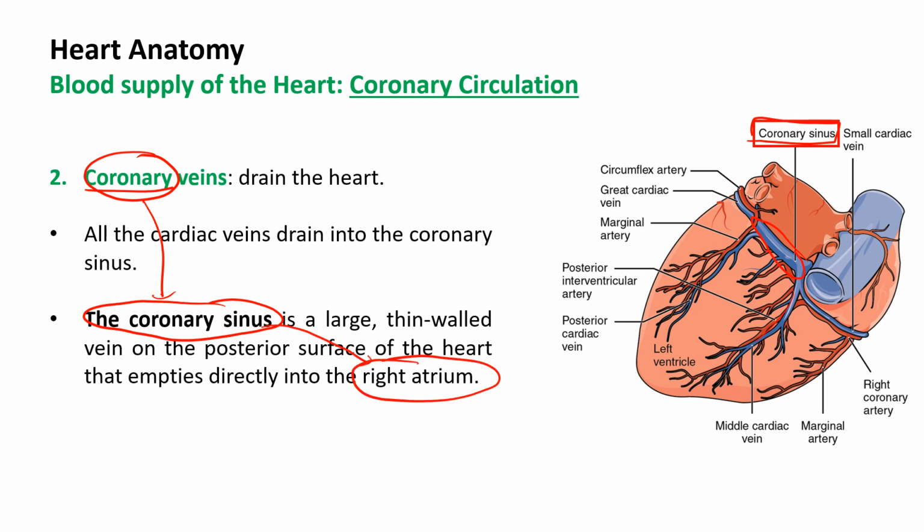And that is what is important, because once again, the right atrium receives blood from three major veins. One of them is the coronary sinus, which now we know that it drains blood from the heart. The other one is the superior vena cava, and the third one is the inferior vena cava. When we learn the parts and the structures inside of the heart, we're going to see that there are three openings in the right atrium, and these are for those.